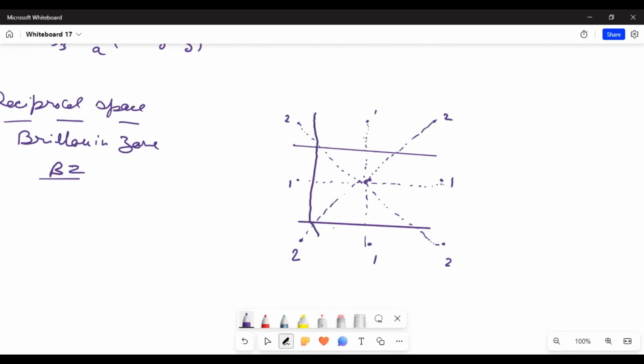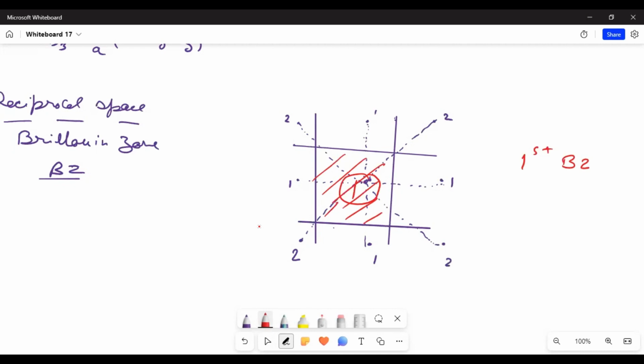So this area is called the first Brillouin zone.